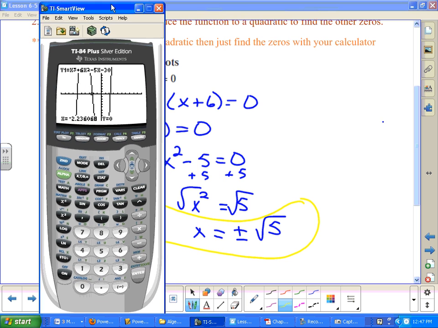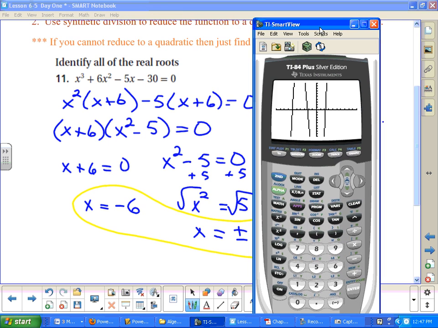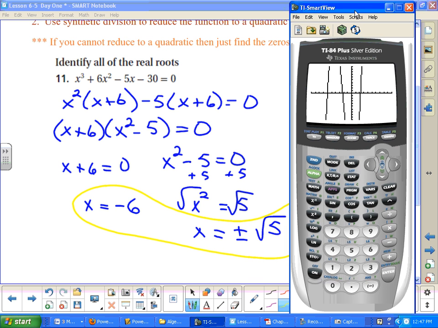This is how you use your calculator to find the zeros. We're going to graph it first of all. How many people have graphed this on your calculator? If you haven't, do it right now. Put the original function in your y equals.